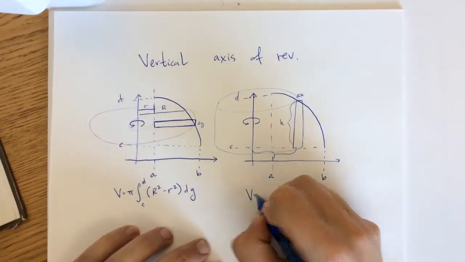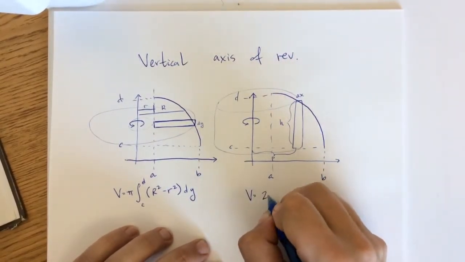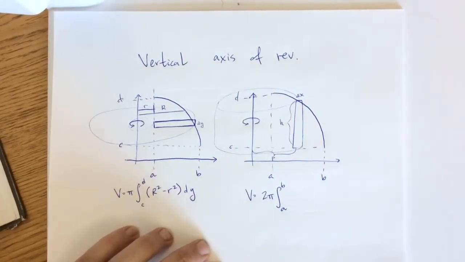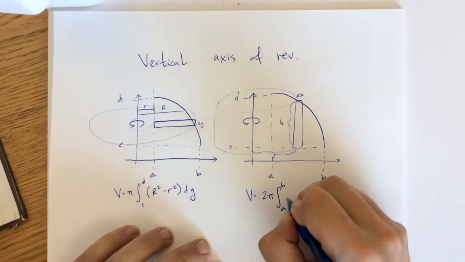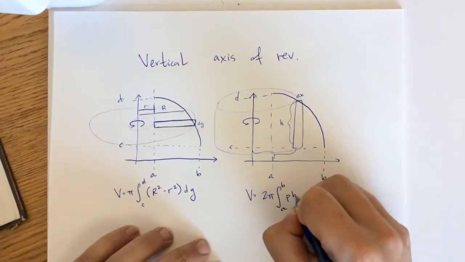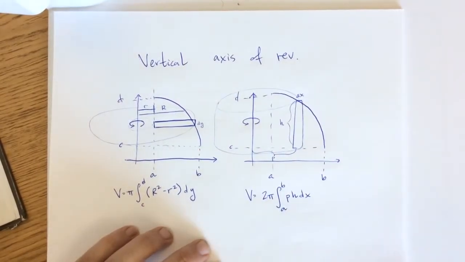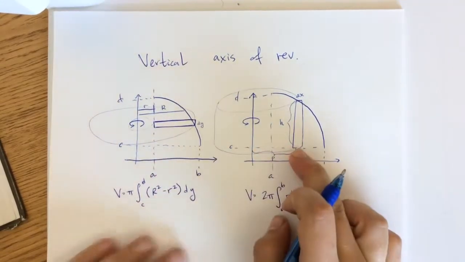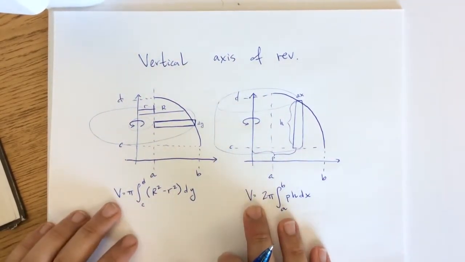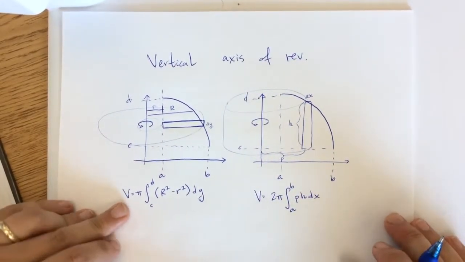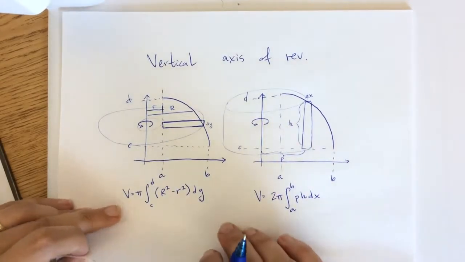And so the volume is going to be given by 2 pi times the integral from a to b of p times h times delta x, or with respect to x. Okay, these two volumes are of the same shape, so they should be equivalent. They are equivalent. So that's for a vertical axis of revolution.